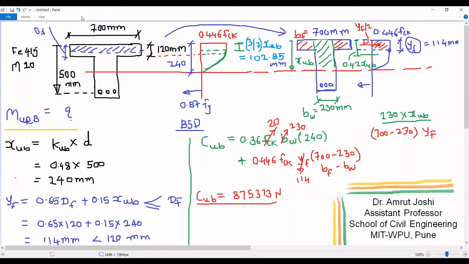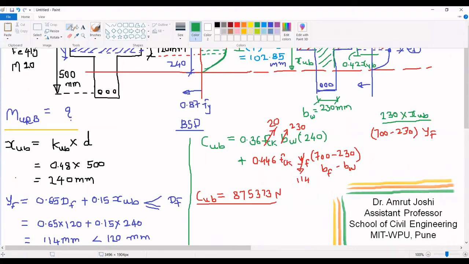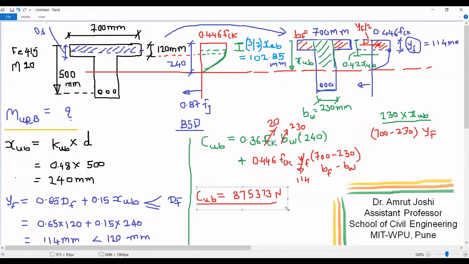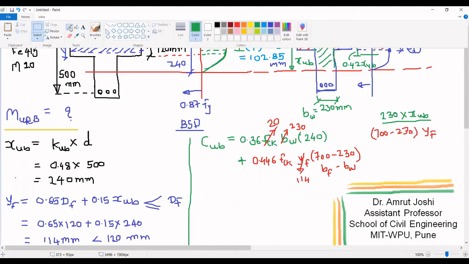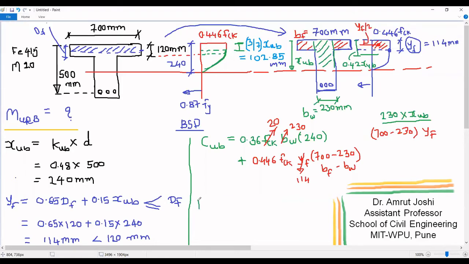So now let us write down the moment of resistance of this cross section if it were to be designed as a balanced section. So how do I write moment of resistance? To write moment of resistance, I have to do CU or TU into lever arm, but here CU takes its contribution from the area shaded in red and the area shaded in green.